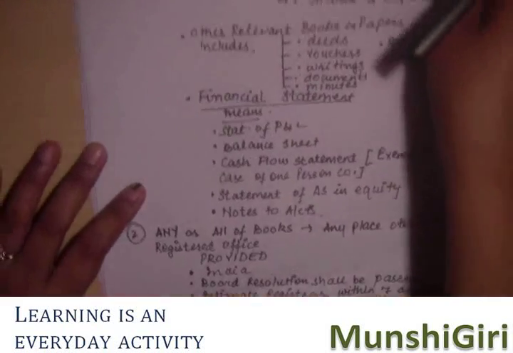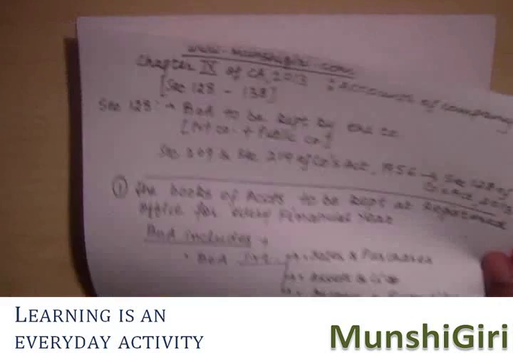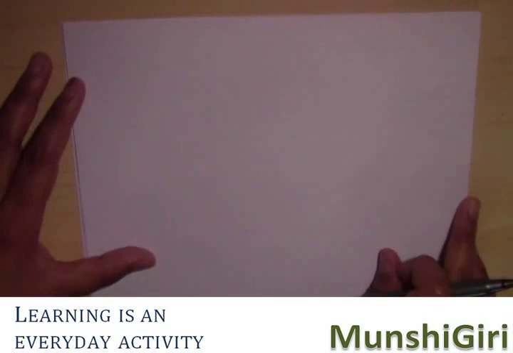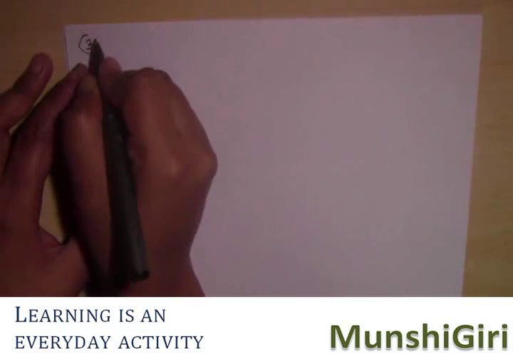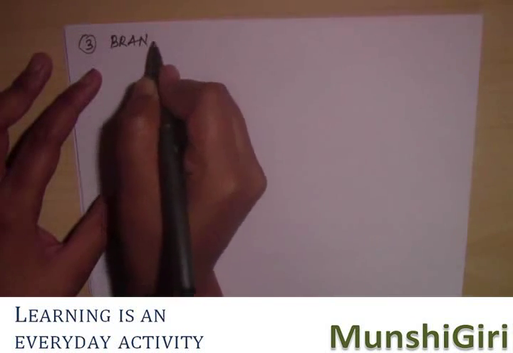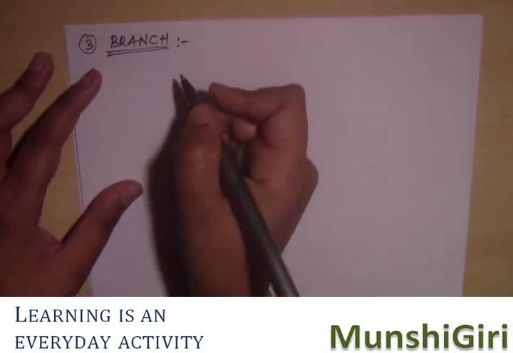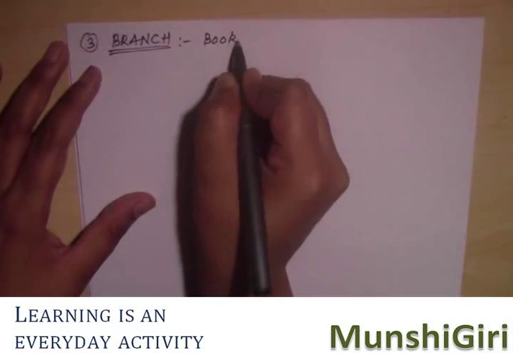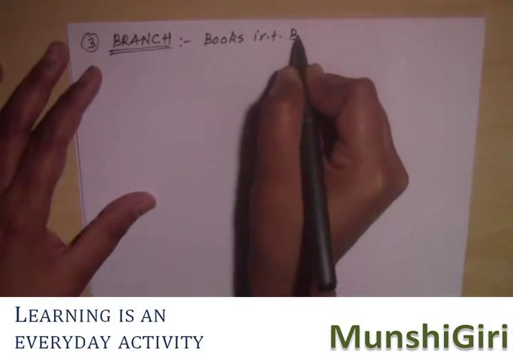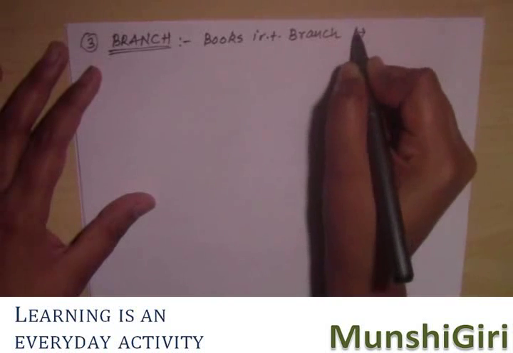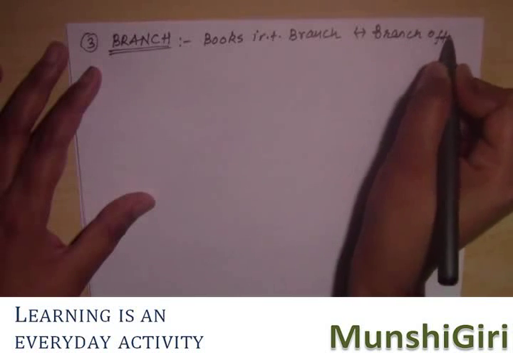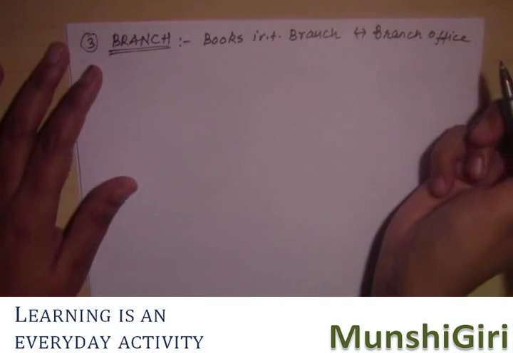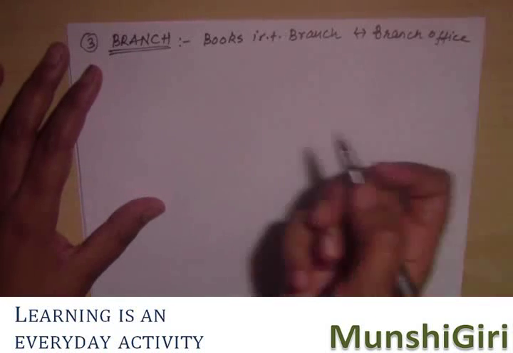Now this was the second point. Now let's come to the third point. It says that in case a company has a branch office, then books in relation to the branch can be kept at the branch office. And the branch shall send the summarized returns to the registered office.